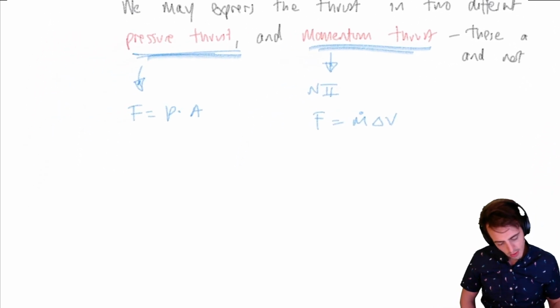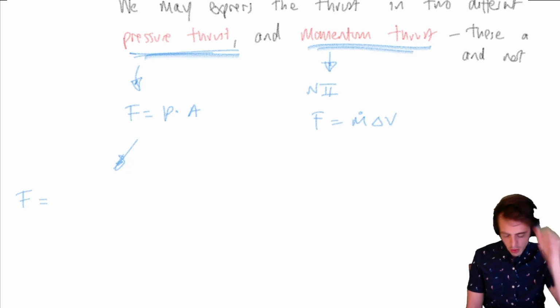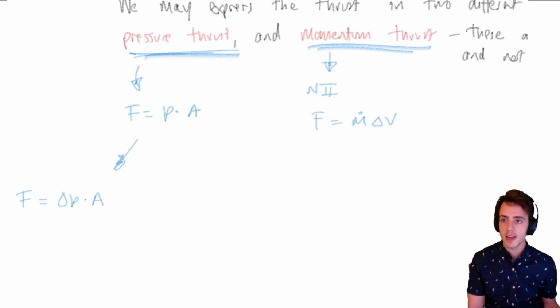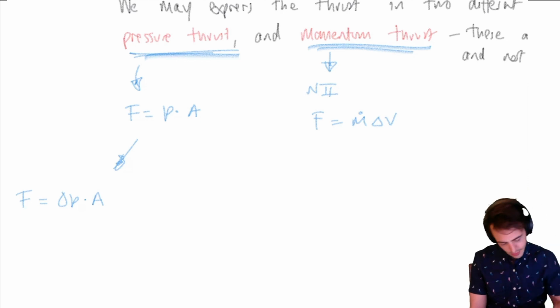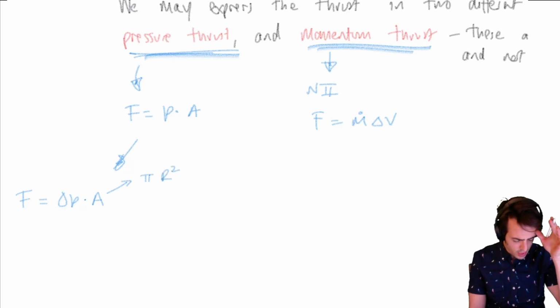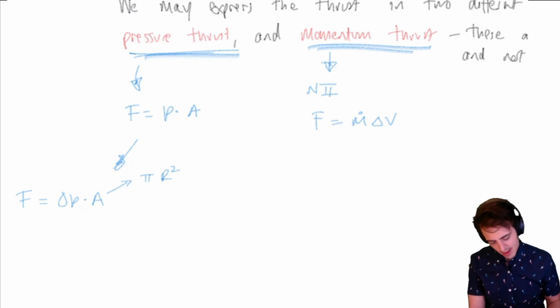Our pressure thrust is going to be F is equal to the pressure rise across the disc multiplied by the disc area. The disc area is simply pi r squared, although we'll just keep it as A for now because ultimately it's going to cancel with another A a little bit later.